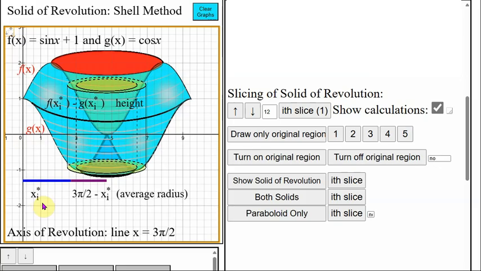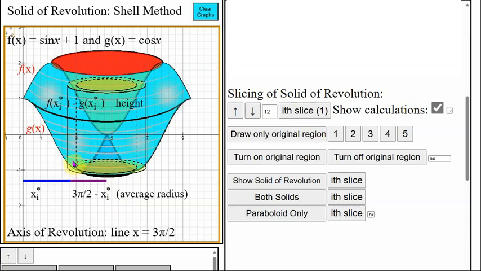And the distance from the y-axis to the axis of revolution is 3 pi over 2. Therefore, the radius for this ith shell will be 3 pi over 2 minus x sub i star. And that's going to be the average radius for this ith shell.